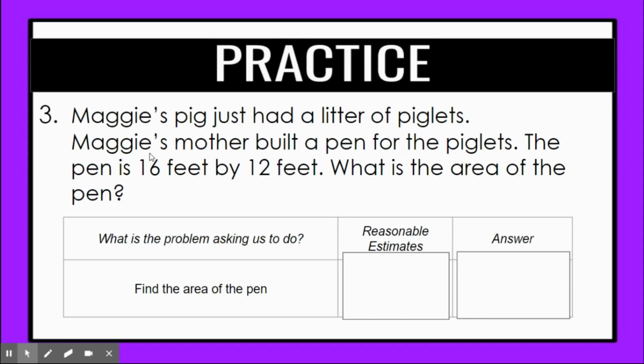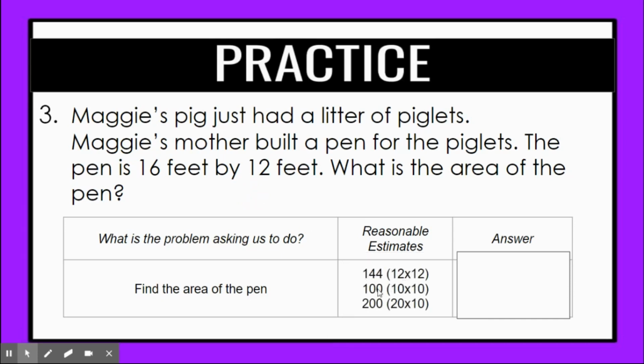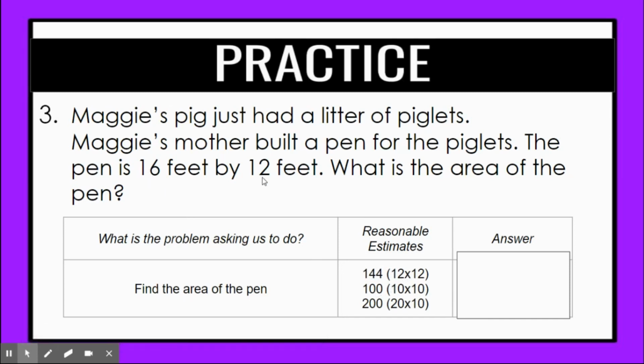You could have thought of this as 10 and 10. It's a little bit more than that, but you could have. You could also think of this as 16 times 10, 15 times 10, 12 times 12, be more than that. So 144 is 12 times 12. 100 would be if you thought of 16 as 10 and 12 as 10.